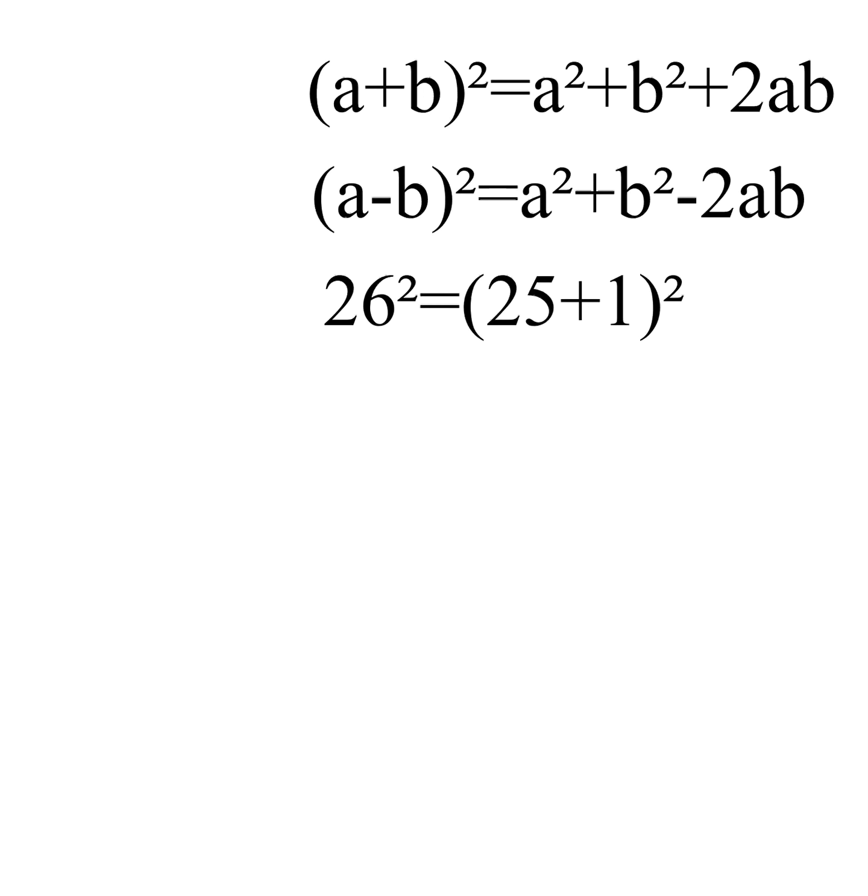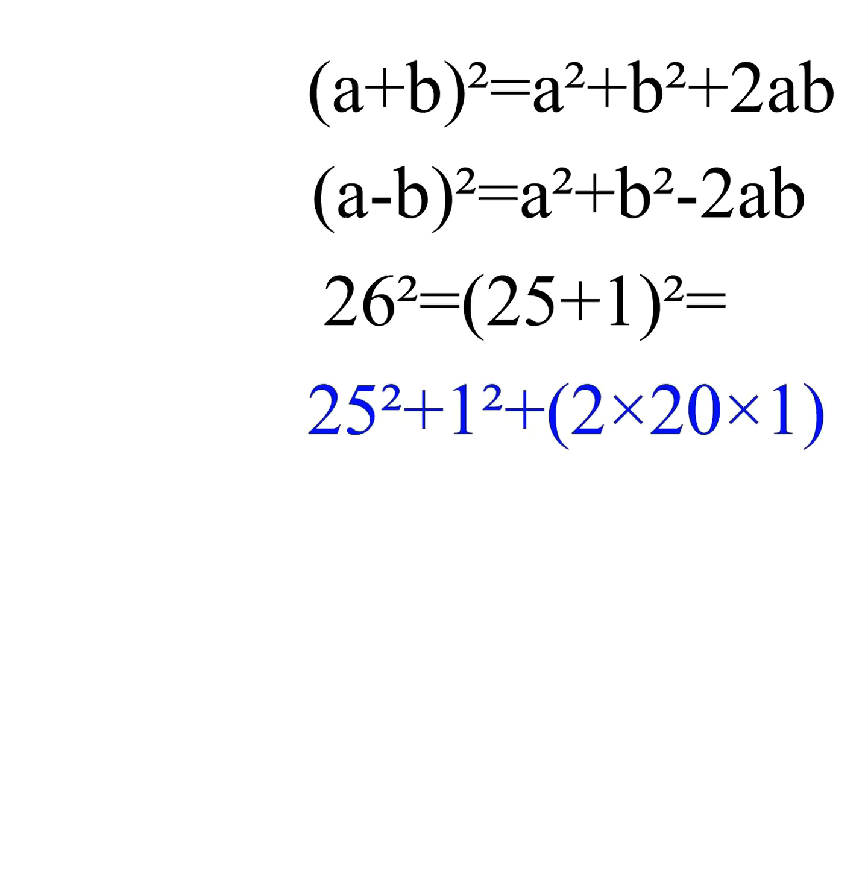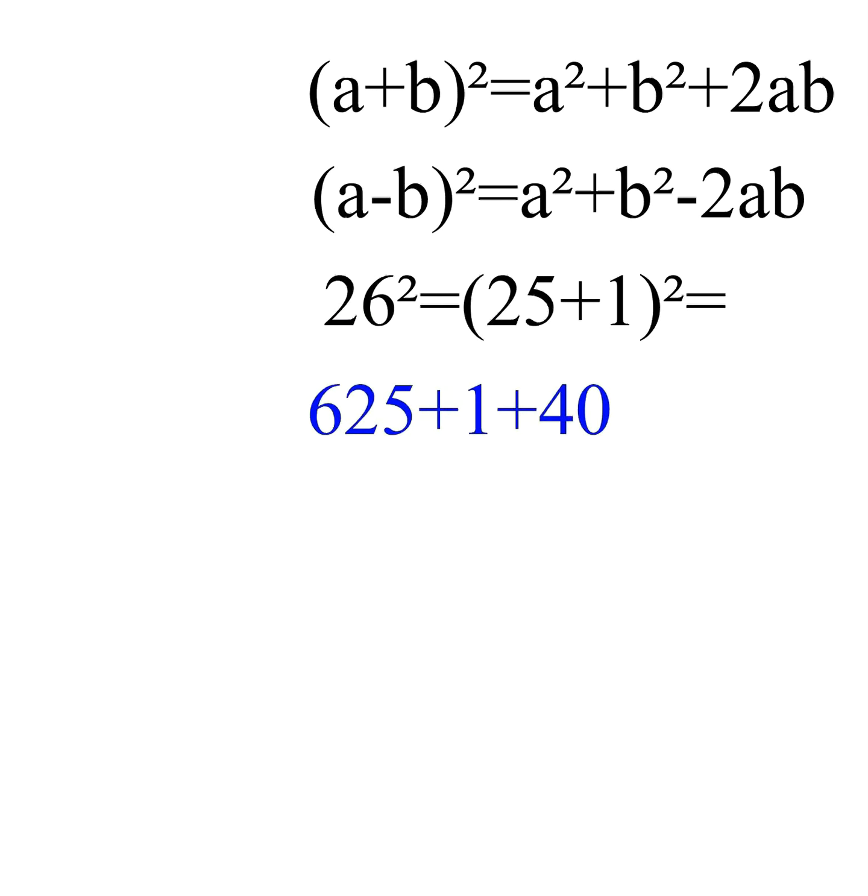So we could use the first identity above, in which a equals 25 and b equals 1. So that would be equal to this according to the identity, and all we need to do is calculate the sum, which is easy.